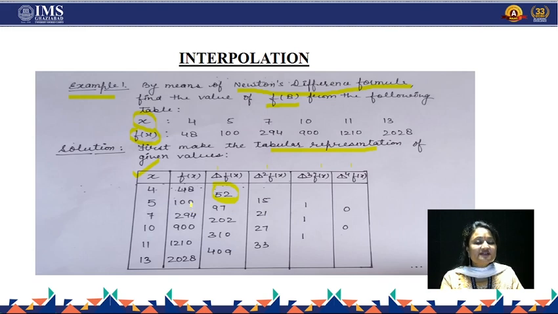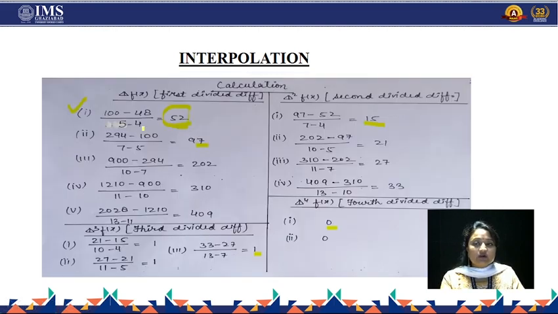First of all, subtract two successive fx values, like 100 minus 48 divided by 5 minus 4. That is the first divided value, and I will get 52 here. So this is the first value of the first divided difference column.